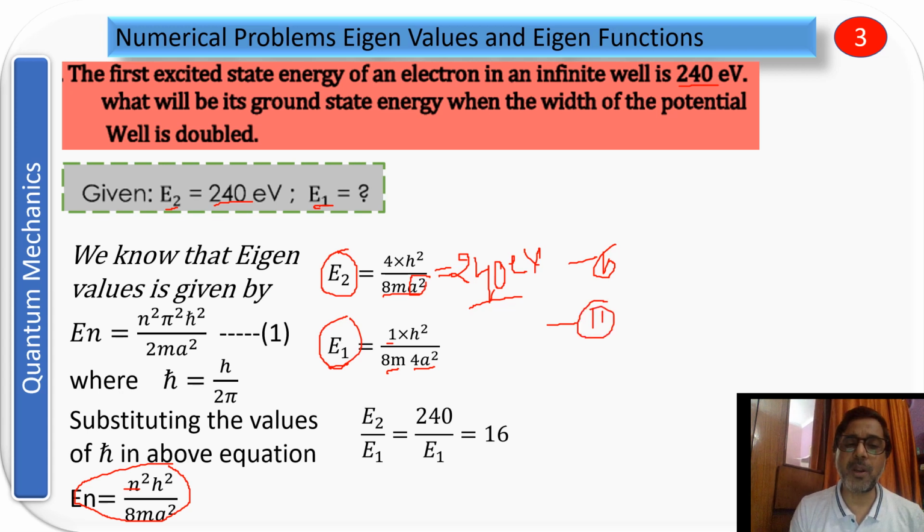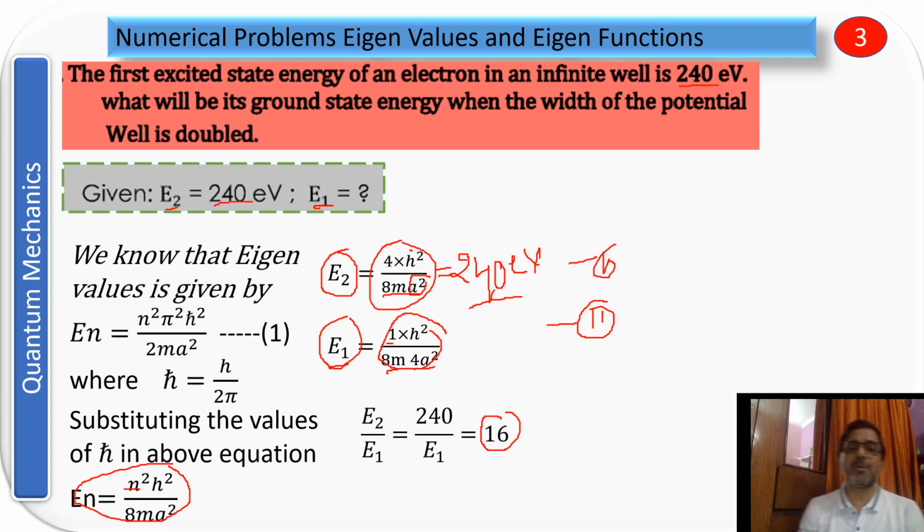So E2 upon E1 is equal to 240 upon E1, because this value is not given, it's E1 only. And then you take this value, divide it by this value, and do the simple division. The value you will get is 16, because all the rest will get cancelled: 8m will get cancelled, a square will get cancelled, h square will get cancelled.